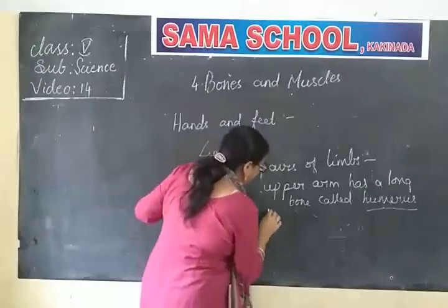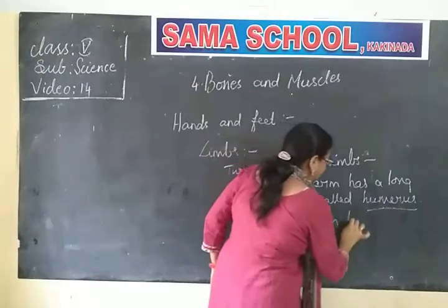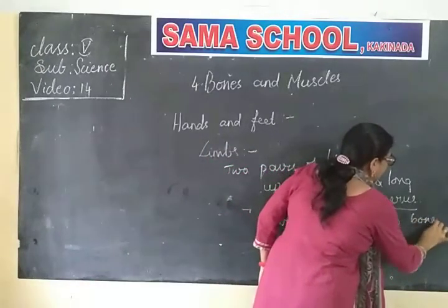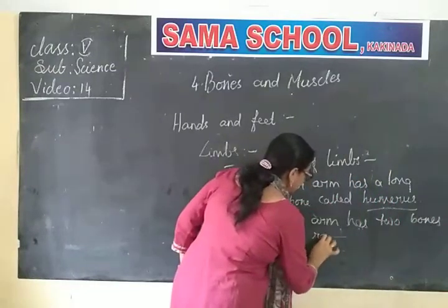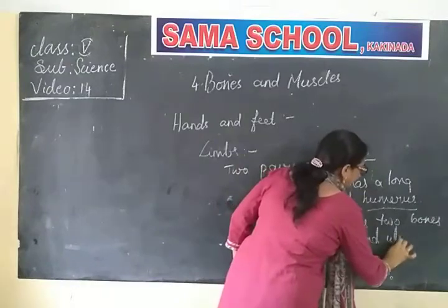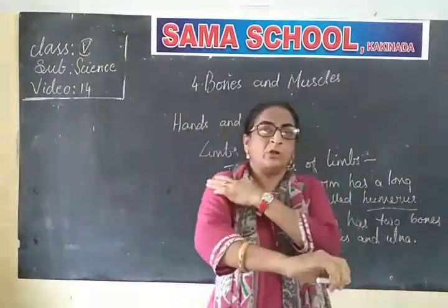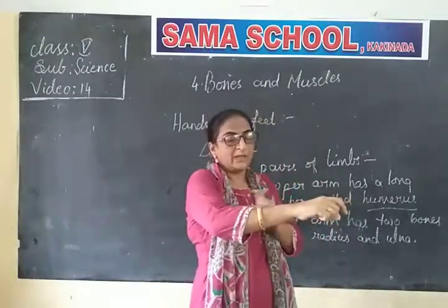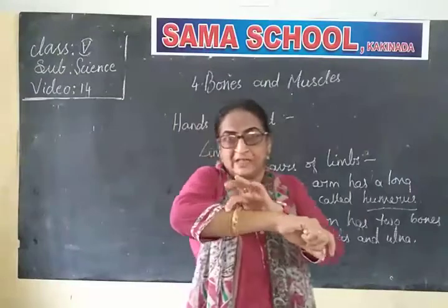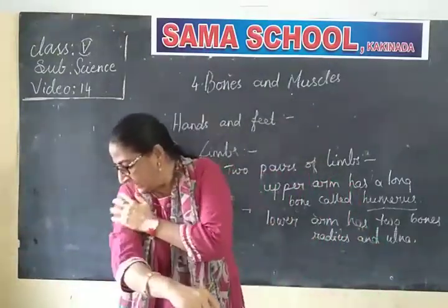Our upper arm has a long bone called the humerus, and the lower arm has two bones, radius and ulna.